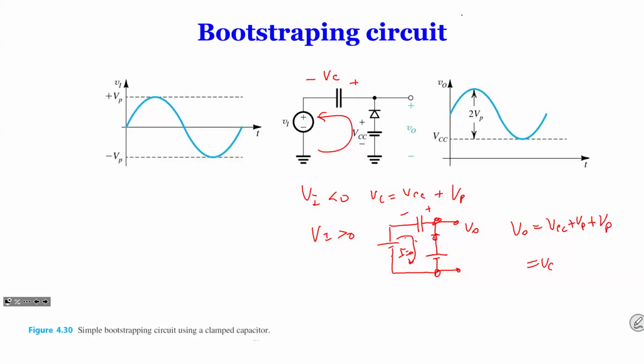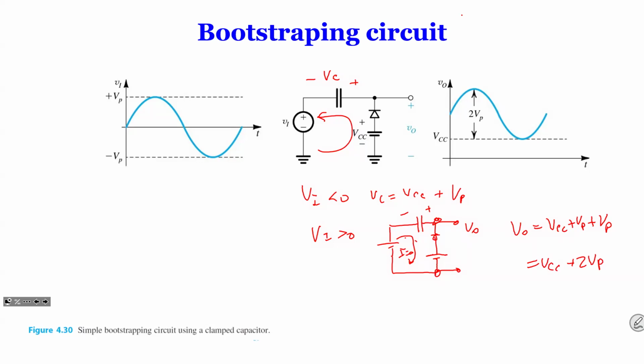So it's VCC plus 2VP. The output goes to VCC plus 2VP because we are measuring here. It doesn't matter here because there's no current here. So measure this voltage plus this voltage gives you the output. But this voltage was initially VCC plus VP. So that's how we got the output.